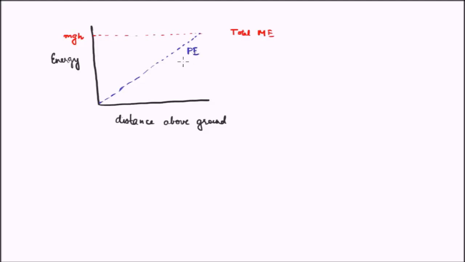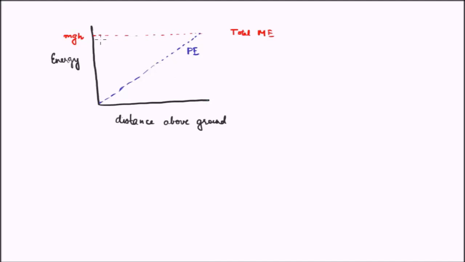What about the kinetic energy? At the highest point the ball was stationary, so there was no kinetic energy, and the kinetic energy of the ball, or the velocity of the ball, increased as it reached the ground.